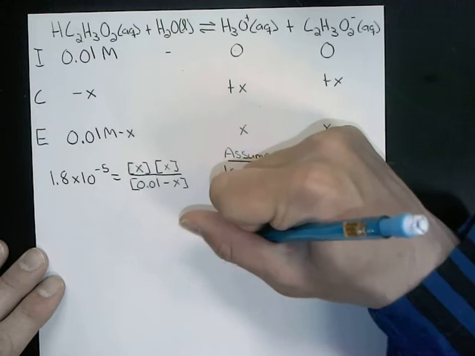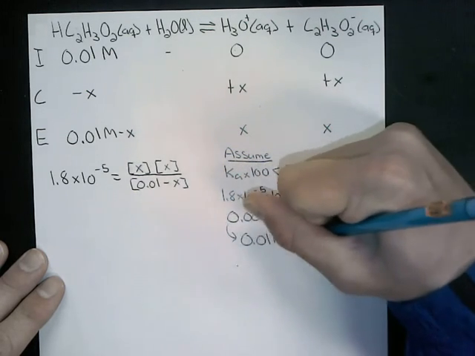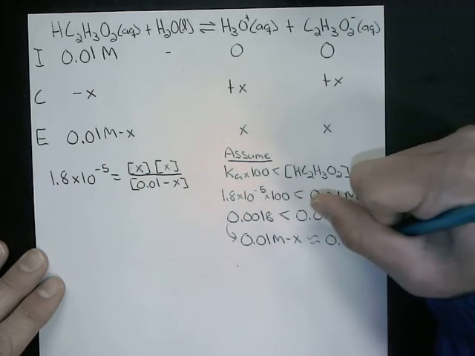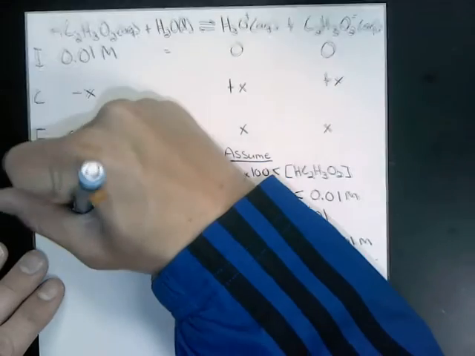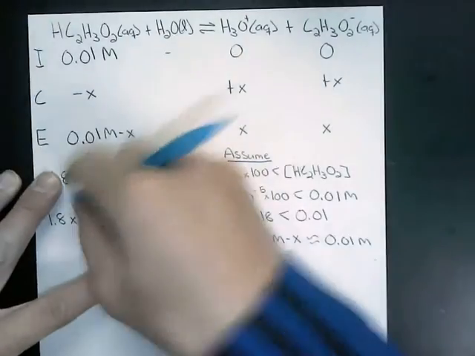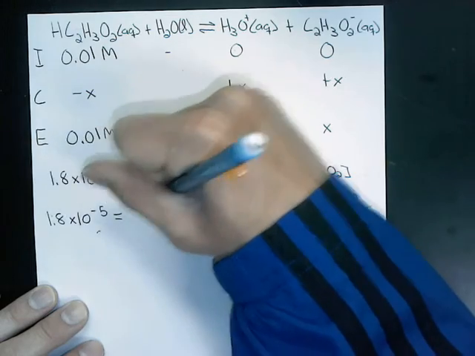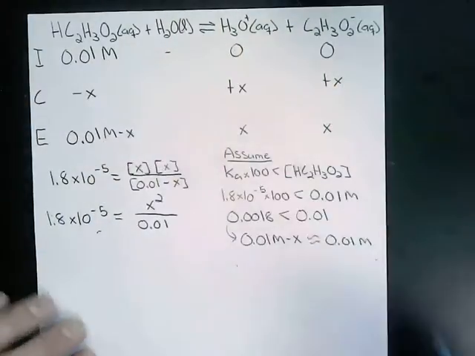That means we can assume that 0.01 molar minus X is really just equivalent to 0.01 molar. So when we write our expression, we get 1.8 times 10 to the negative fifth equals X squared over 0.01. Okay?